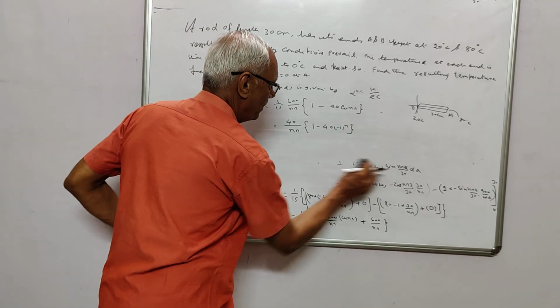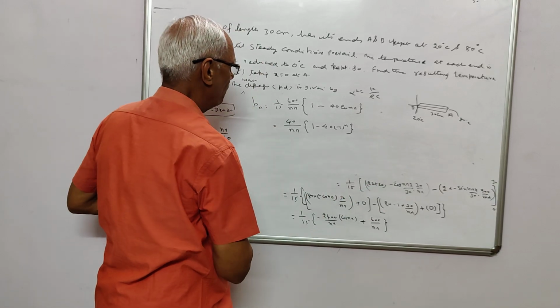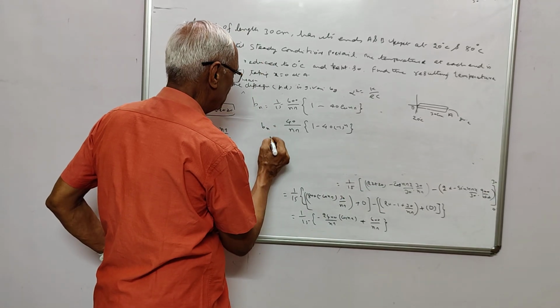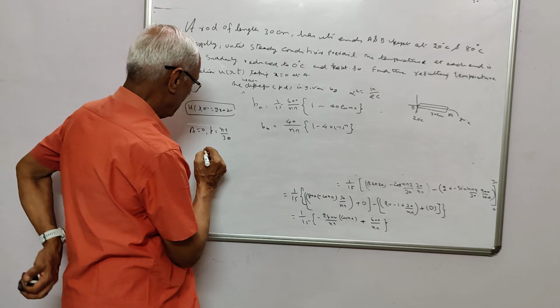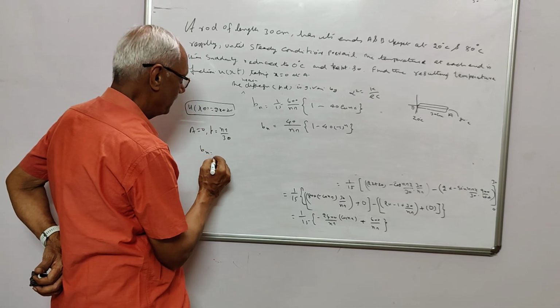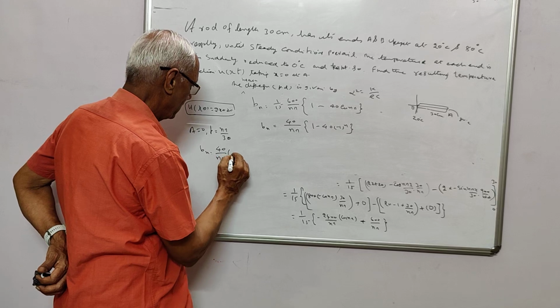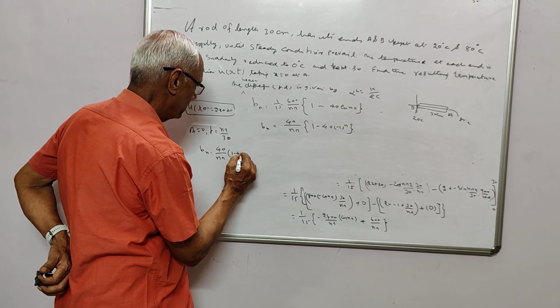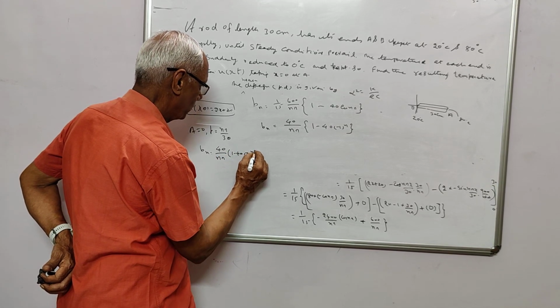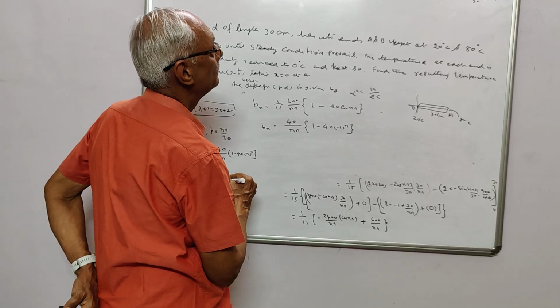So you have found the value of b_n. You are able to get the value of another constant, namely b_n is equal to 40 by nπ into (1 minus 4 into (minus 1) to the power of n).